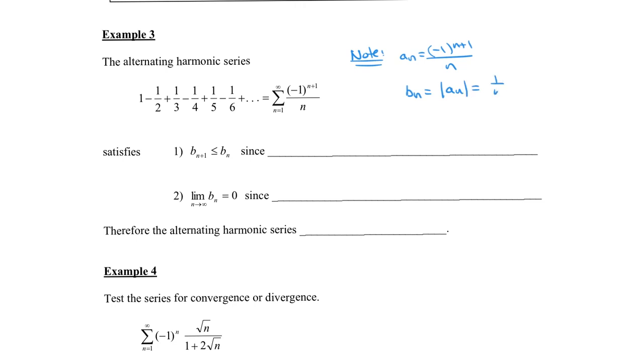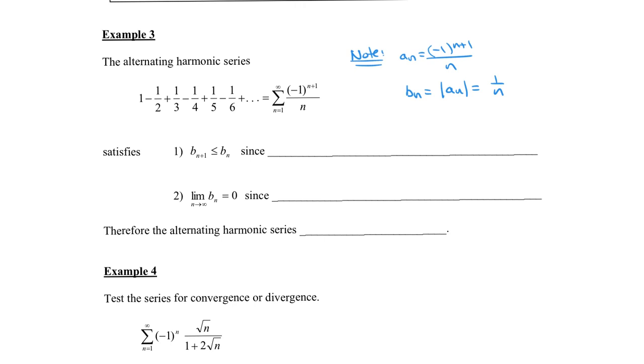So b sub n is just 1 over n. So whenever we do the alternating harmonic, or when we do the alternating series test, these b's down here are just the absolute value of this term, right? So we're going to do that all the time. B sub n just removes this -1 to the n plus 1 part. So b sub n here is just 1 over n. And that's what we're going to be using here.